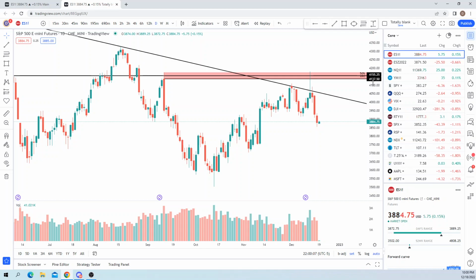Okay, the way that I did it, because I averaged into it, I got my average sell price from 41.35, which was the initial sell, all the way up to 41.48.5.